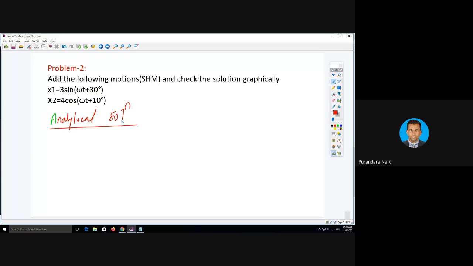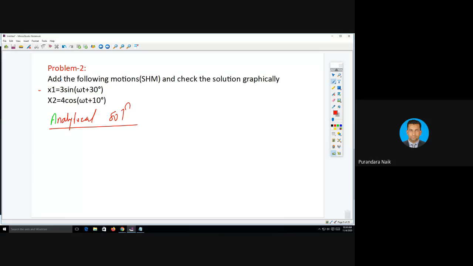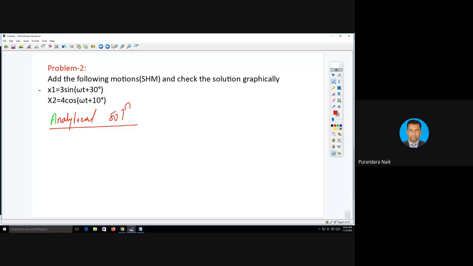Let us go to the graphical solution. You leave 2 pages for the analytical solution, please.